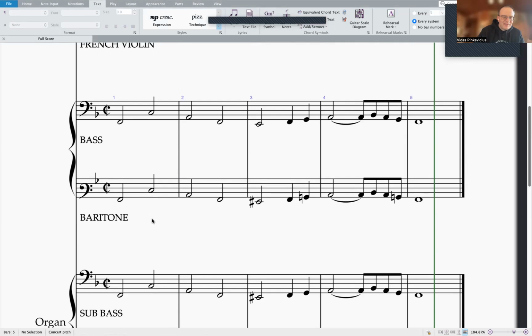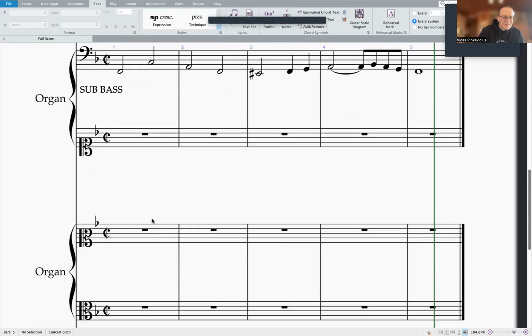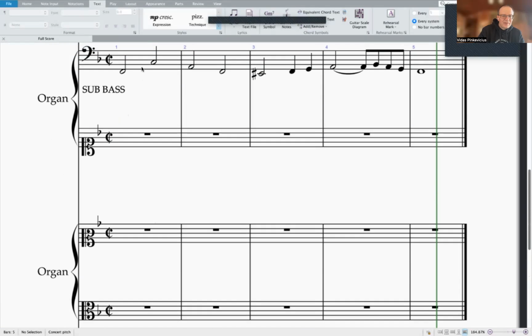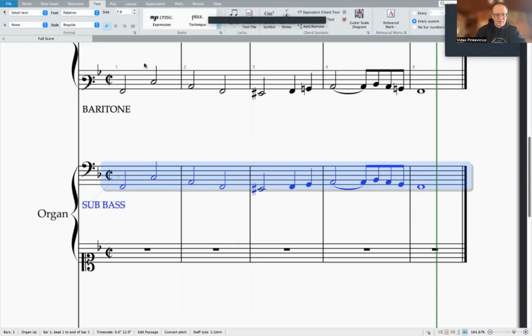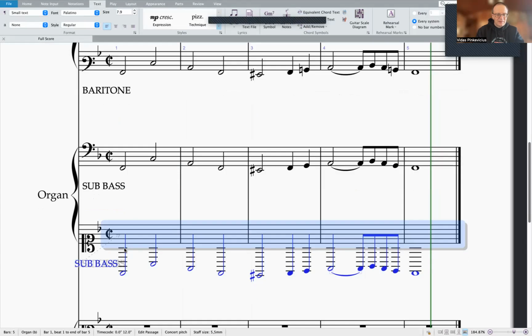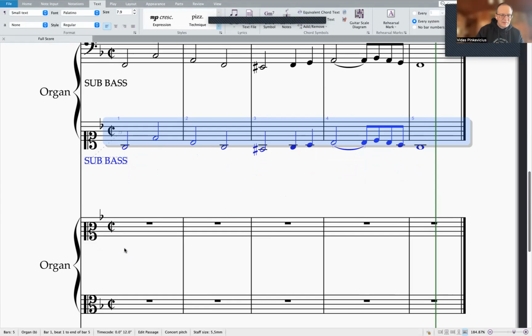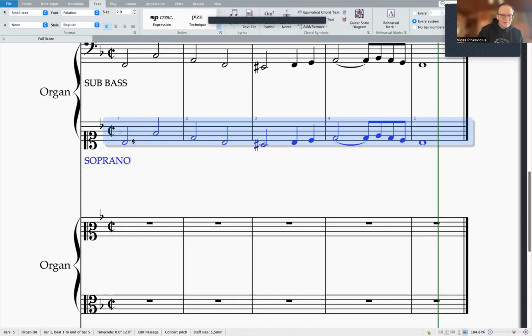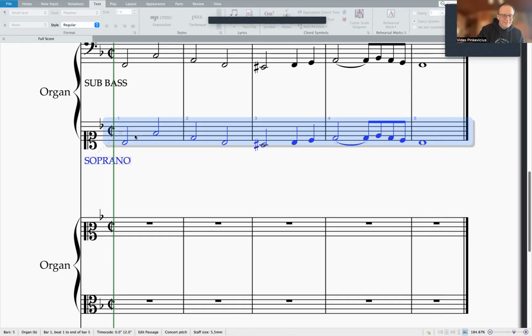Okay, 3 F clefs, bass, baritone, and sub bass. Then we have 5 C clefs. Let's transpose this melody. The first one is called soprano clef, because the first line is C, middle C, so below is B, or B flat, because there is this flat next to the treble clef.